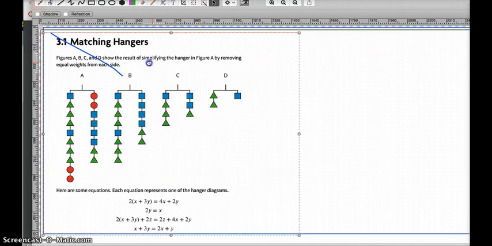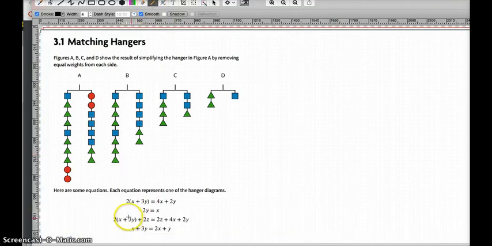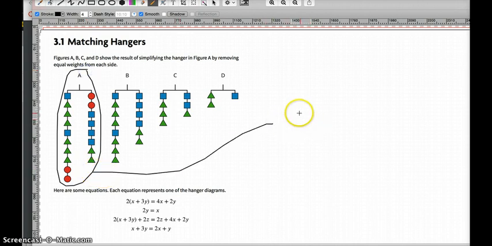And here we go. So we're going to look at these matching hangers or this hanger question. And the first thing we need to do is figure out what is over here on the left and right sides of each one of these hangers. So for this one, I'm going to write the pieces that I'm working on for A. I have two squares, and I'm going to use an S just so I can keep track of everything.